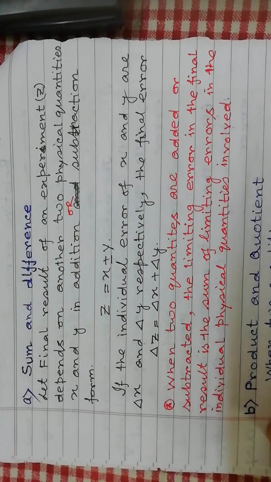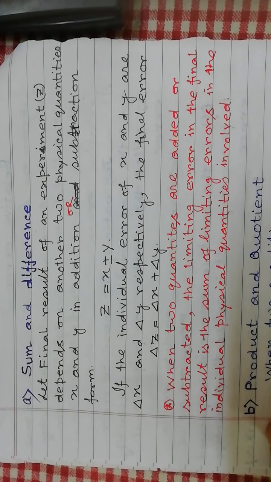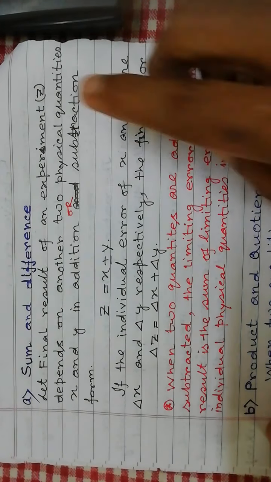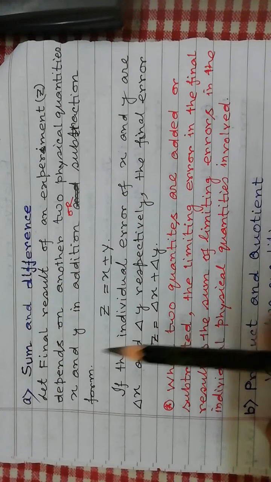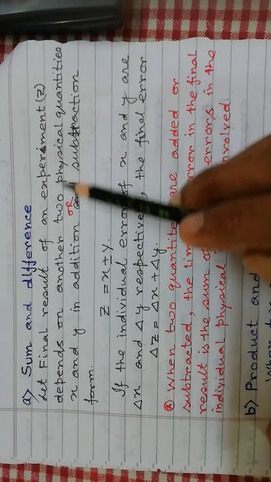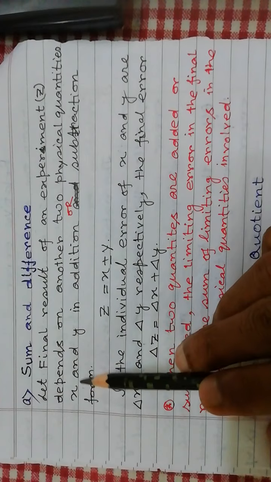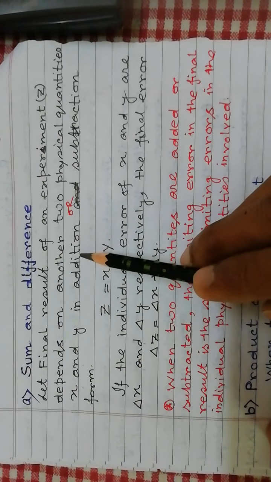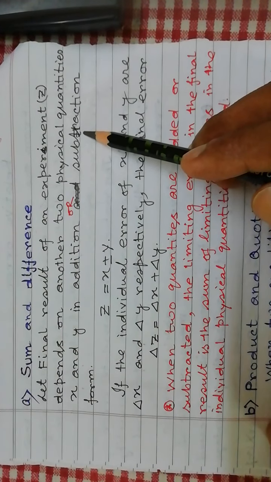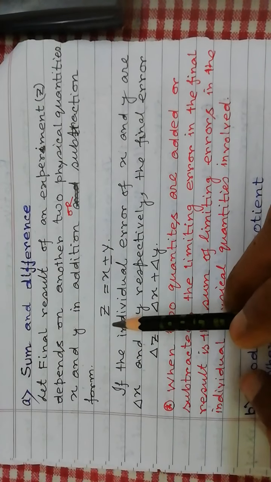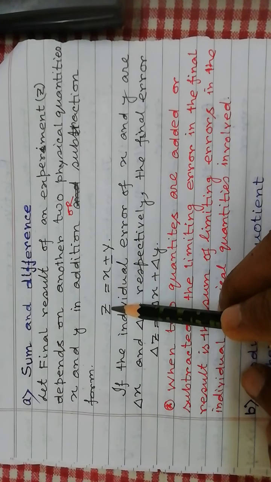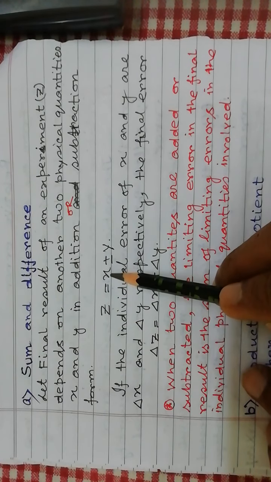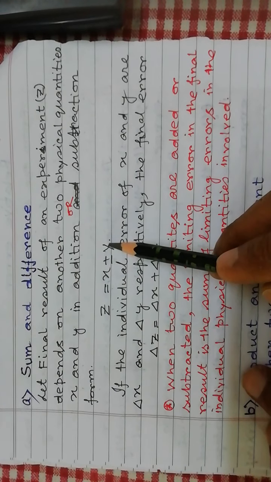When the final result of an experiment, say it is Z, depends on two other physical quantities x and y in addition or in subtraction form, then we can express the final result as Z equals x plus y or x minus y.